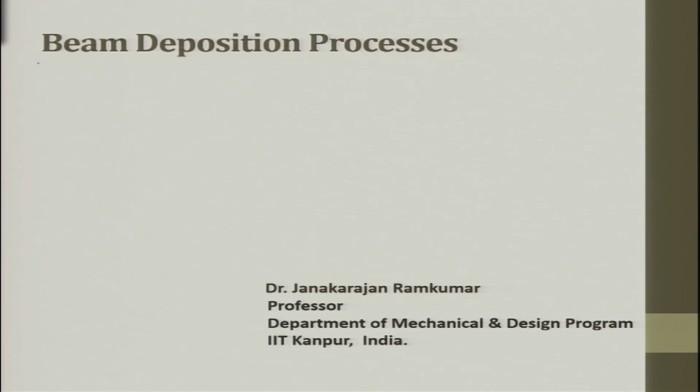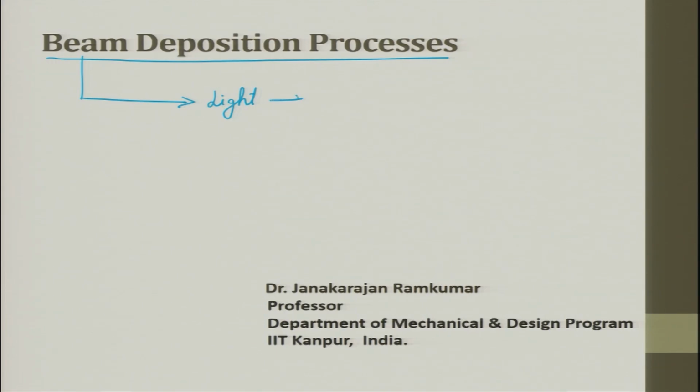So, the next lecture of discussion in this course of rapid manufacturing, we will see the topic on beam deposition processes. As it very clearly says, there is a beam. This beam can be made of light, which can convert into heat, or we can use an electron as a beam. We can use a plasma as a beam.